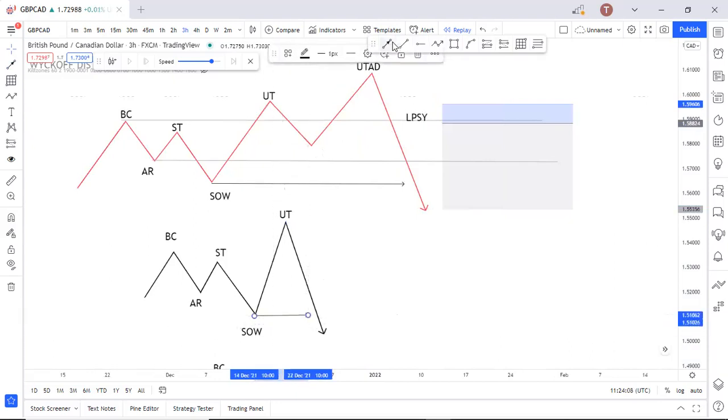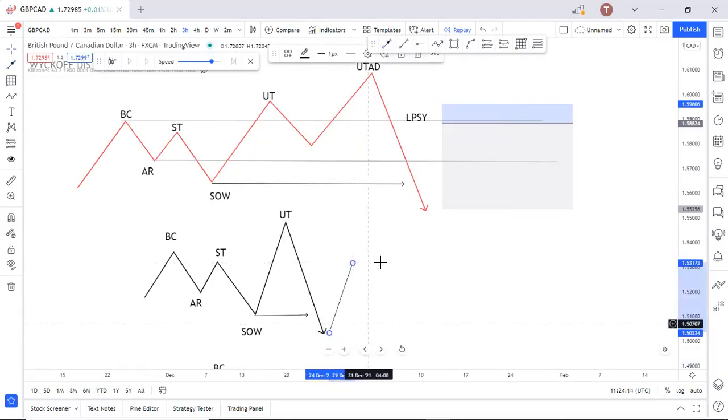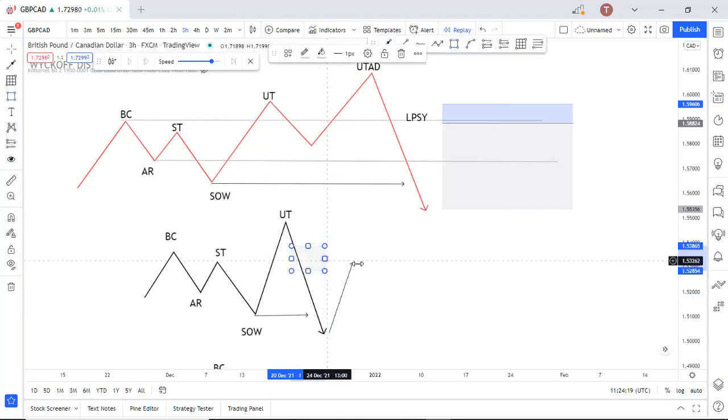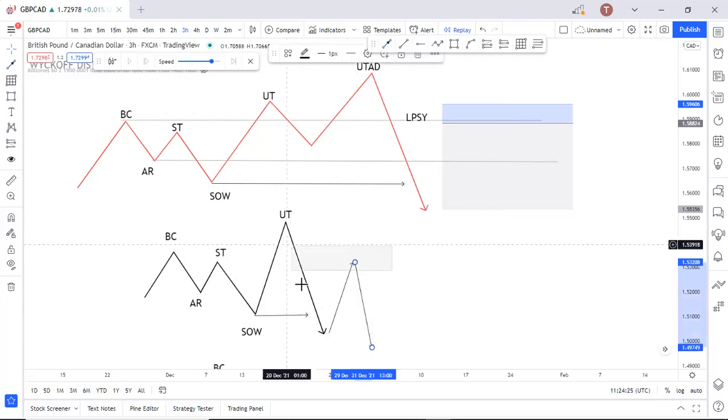So sometimes we may have this incomplete distribution, but that doesn't mean it's not valid. All you need to do is look for your last point of supply around this zone and take your sell. So this is an imperfect distribution schematic, but at the same time it's still distribution.